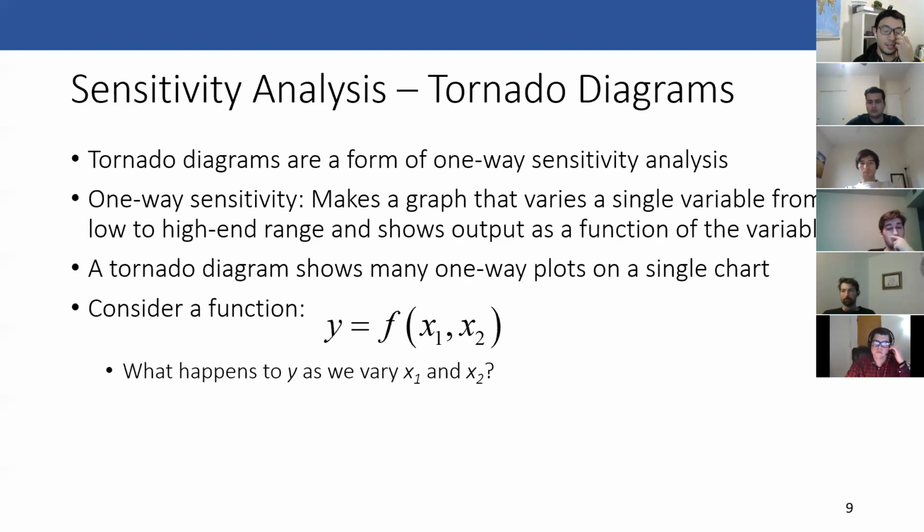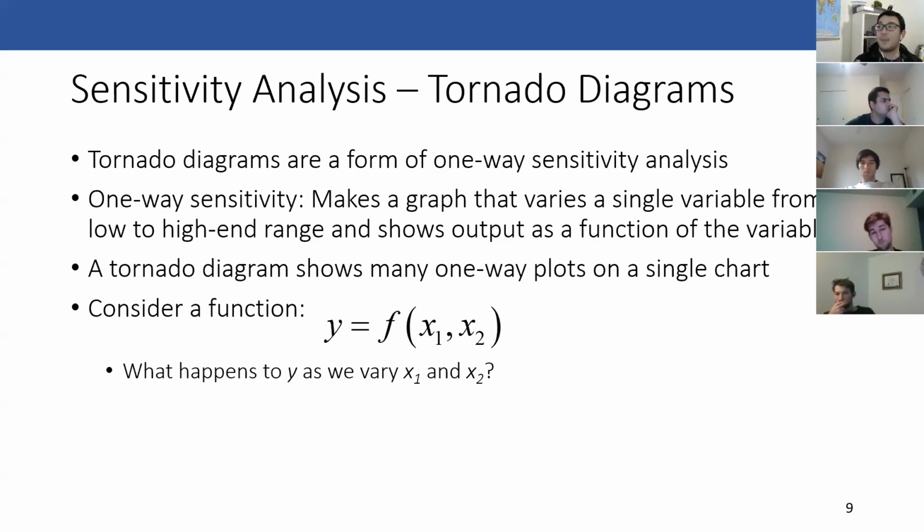One of the common ways to show this is known as a tornado diagram. There are other ways as well. You may have heard of things like spider plots. But I'll just be showing this particular example where you look at many one-way plots on a single chart. We'll show this in a second.